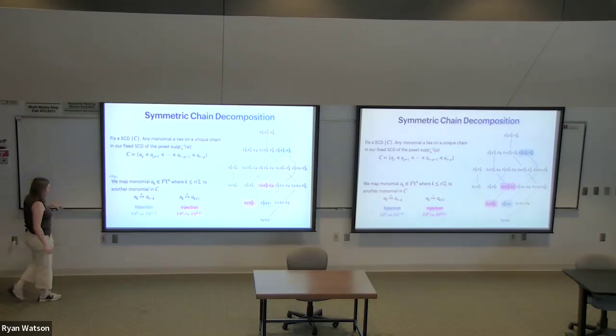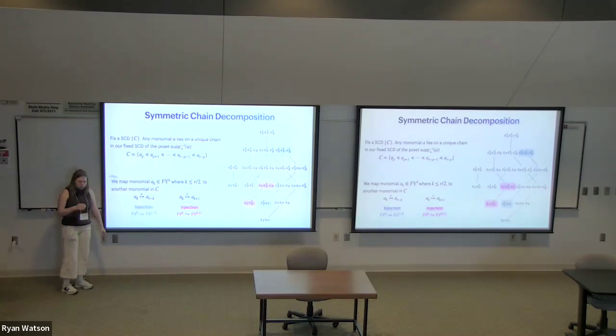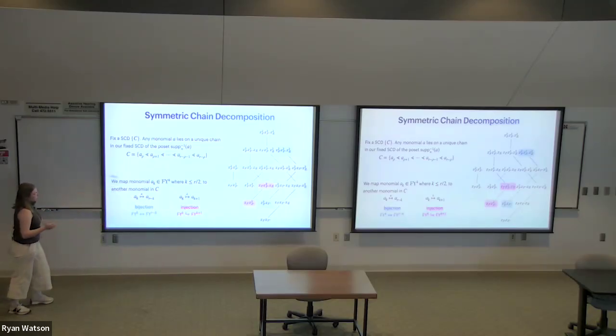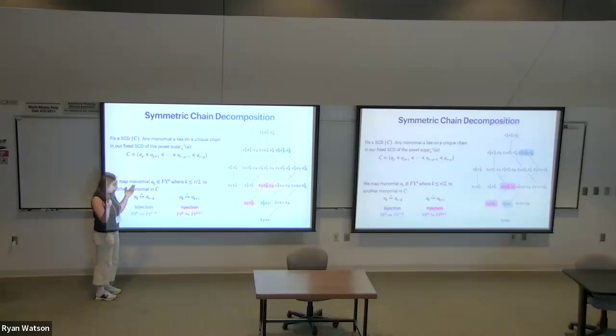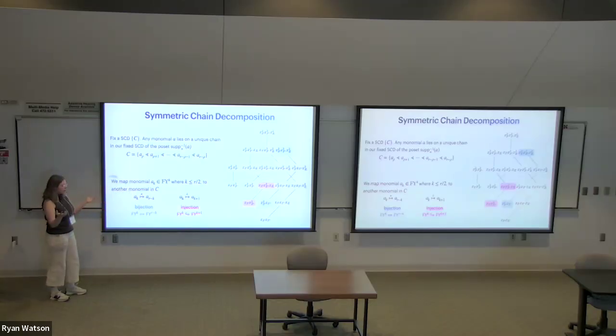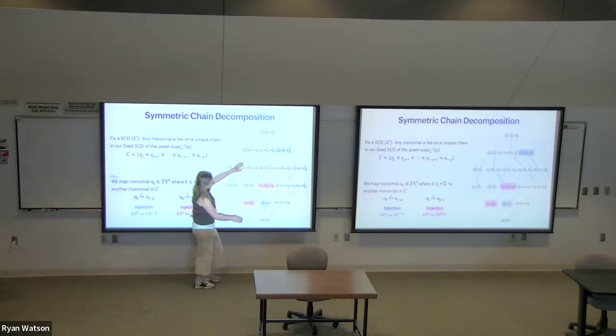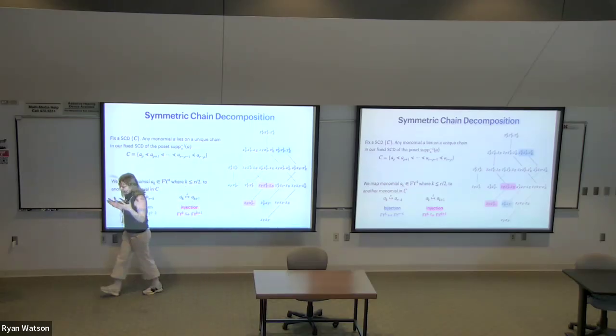This map creates a bijection between complementary bases, and this map creates an injection. So if this is my symmetric chain decomposition, I have a few options, and we just say pick one. And so I send this guy to this guy, this to this, if I want a unimodal function. And then if I want to create this function pi, this guy goes to this, right?